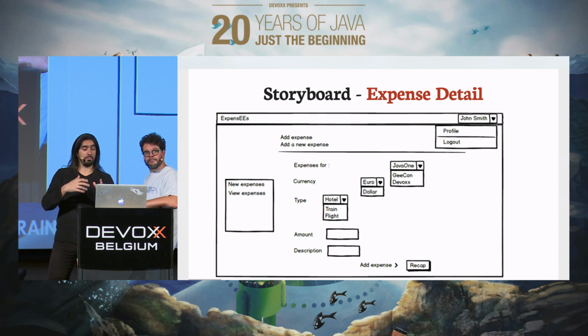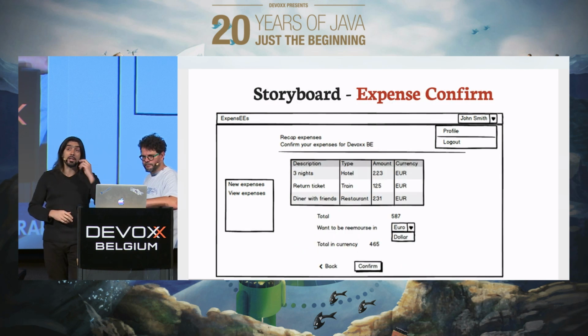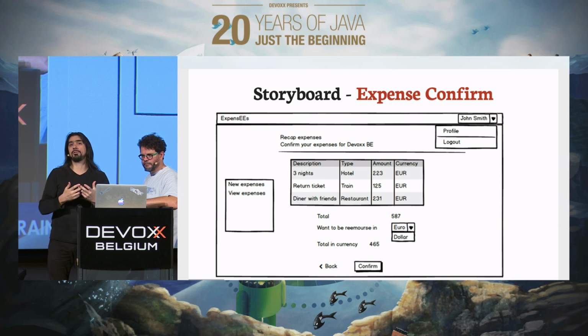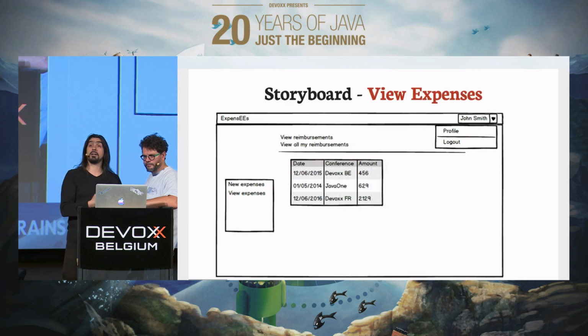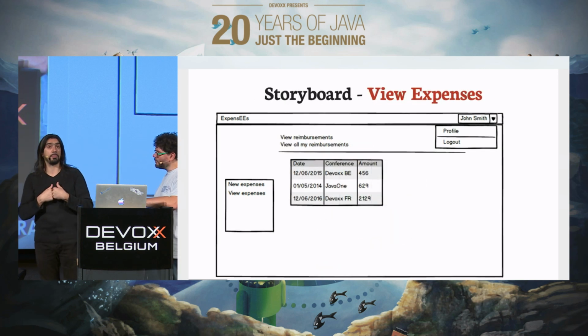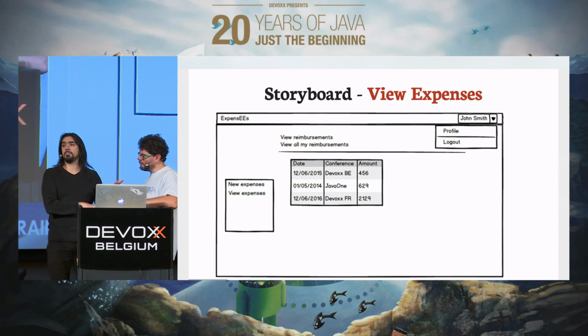You add more and more expenses, and at the end, you have one page that tells you, here are the 3 expenses that you've made. You want to be reimbursed in euros or in dollars. You confirm, and that's it. You can then have a look at your own expenses. And the administration part, it's your company, can have a look at all the database, basically.